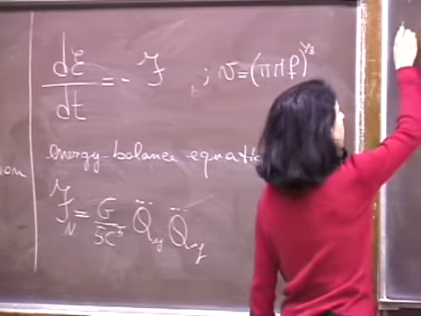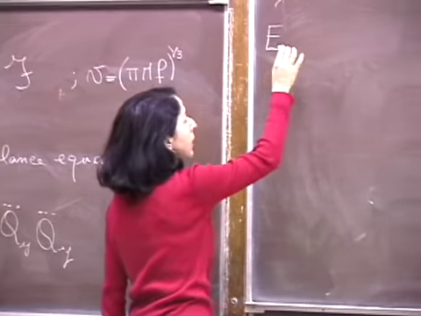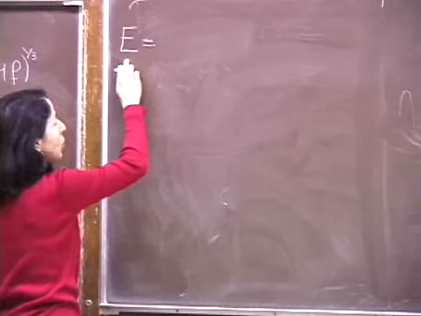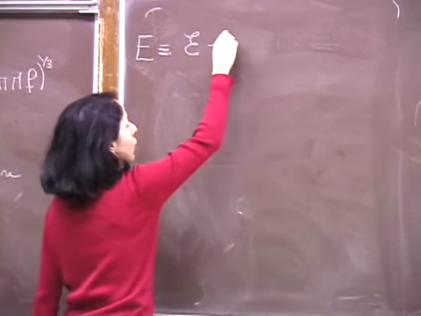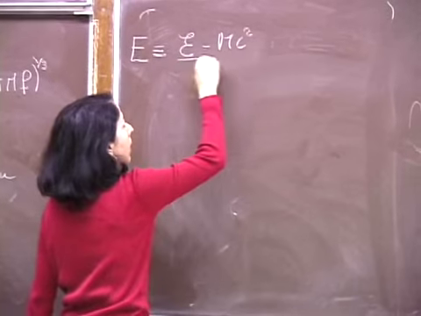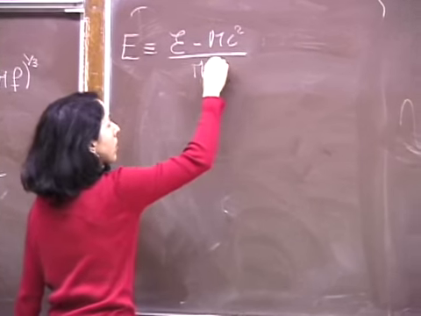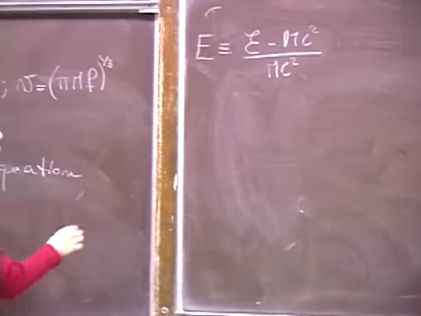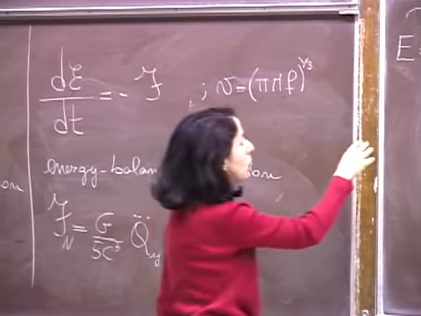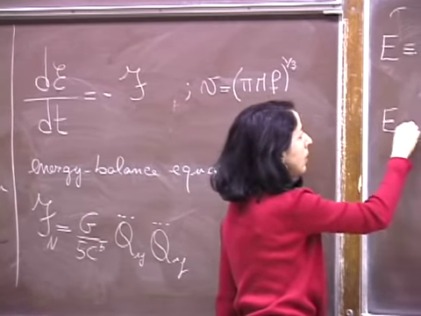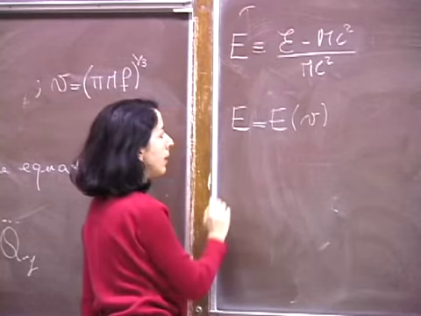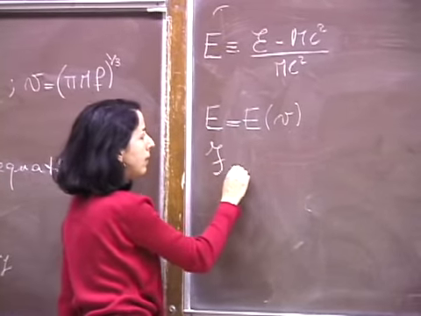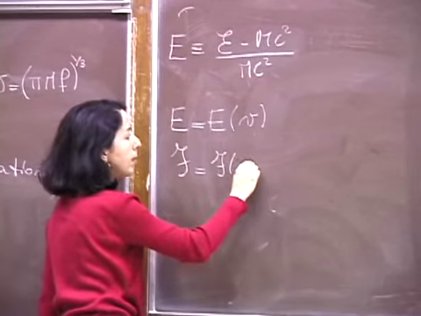For convenience, I introduce another function that is just the non-relativistic energy, so I subtract mc squared and divide by mc squared. It's not so important. So E is just a function of v, and then F is also a function of v.